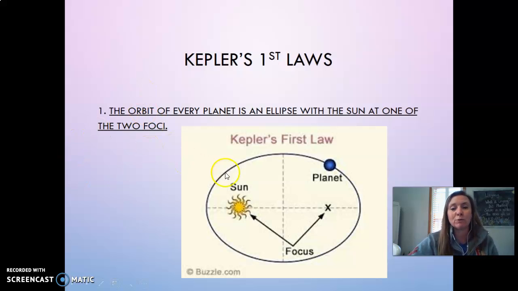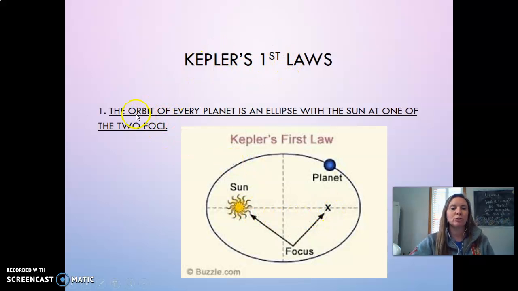So there's a couple of different things we're going to be talking about. We're going to be talking about our focus, or our foci. And this might sound familiar from maybe a geometry lesson that you have had. And then we're going to talk about this path of the planets, our ellipse. So the sun is always one focus, and our other focus is going to be our planet.